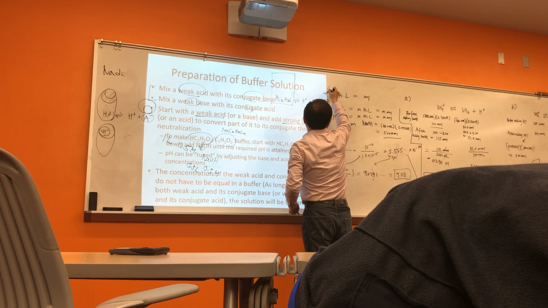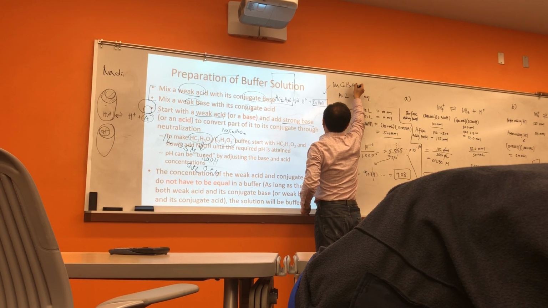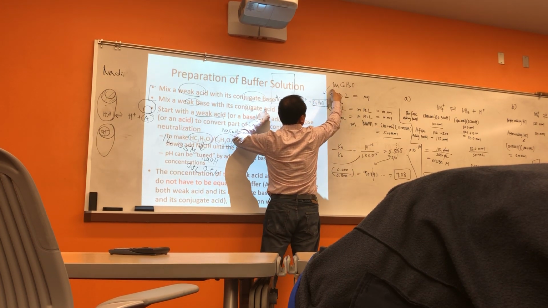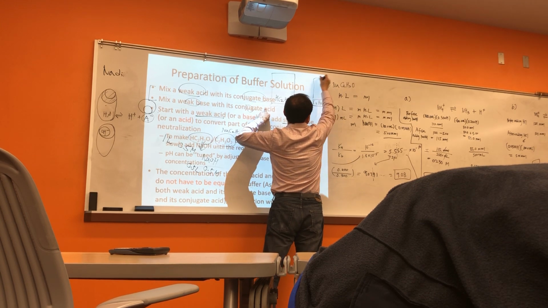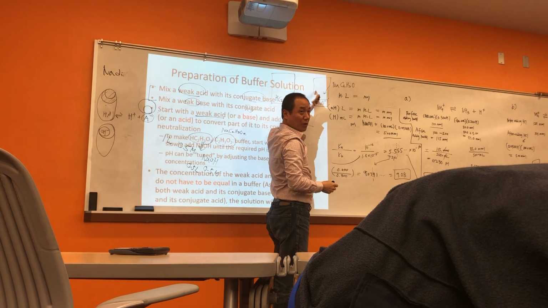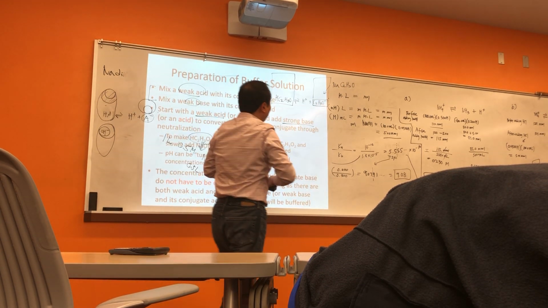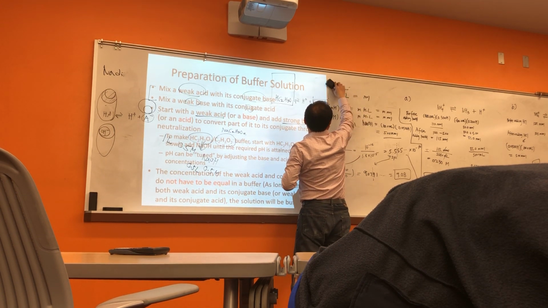Either you use sodium acetate with about a similar amount, so that you can make this amount of concentration equivalent. Then it's a buffer. But I realize I do not have this chemical in my lab.